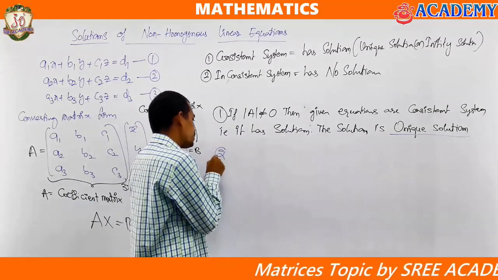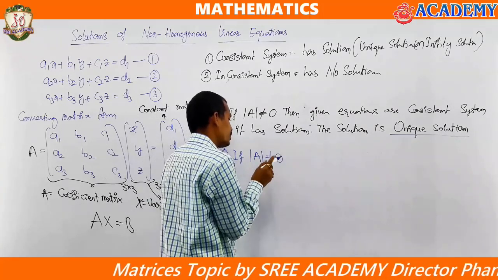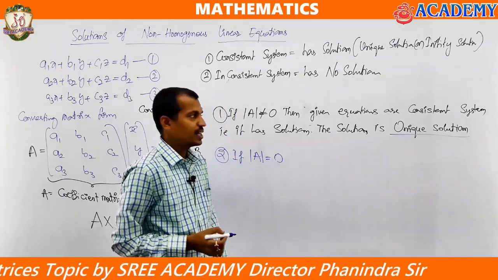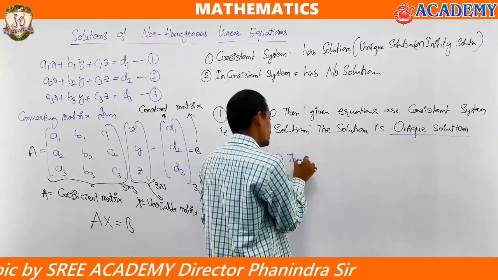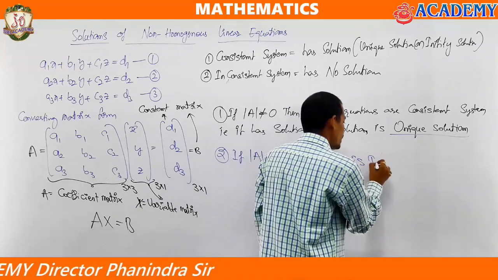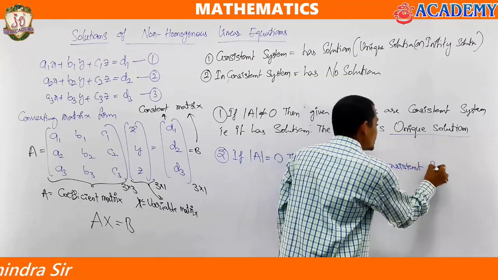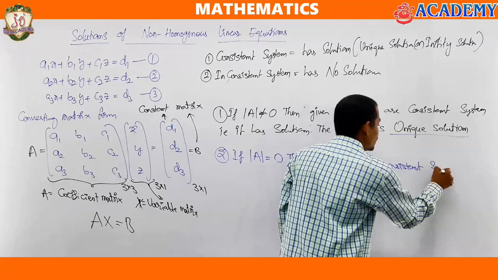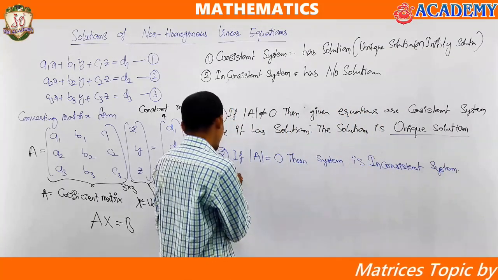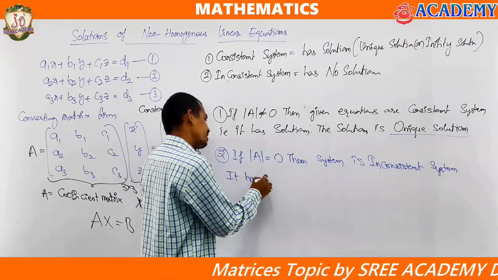And for suppose one more, if determinant of A equal to 0, then the system is an inconsistent system. It has what?